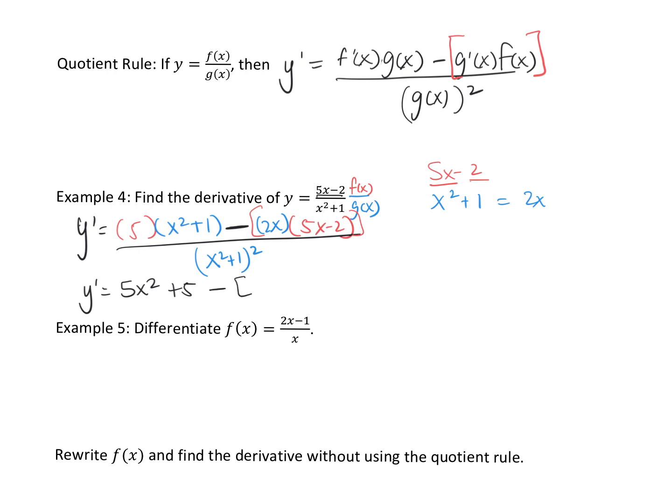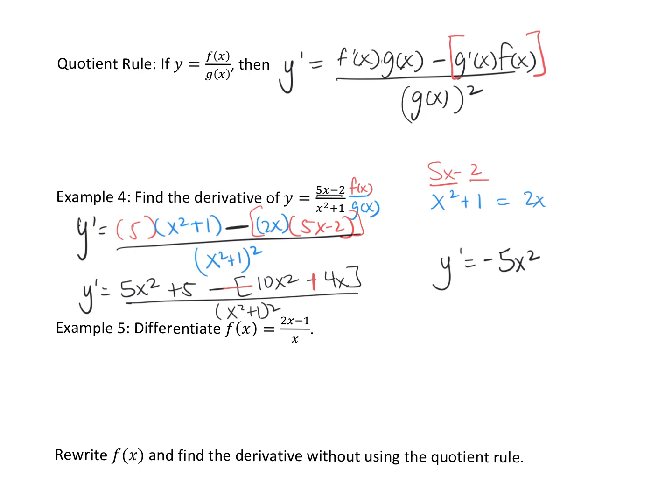So inside there, I have 10x squared minus 4x, all over the denominator, x squared plus 1 quantity squared. If I distribute that negative, I wind up with a negative 10x squared plus a positive 4x. So my final answer, y prime equals, don't forget the y prime: 5x squared minus 10x squared is negative 5x squared.